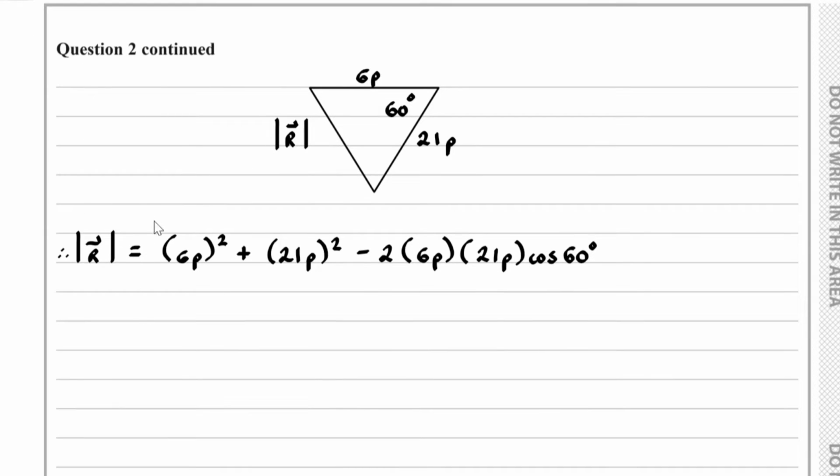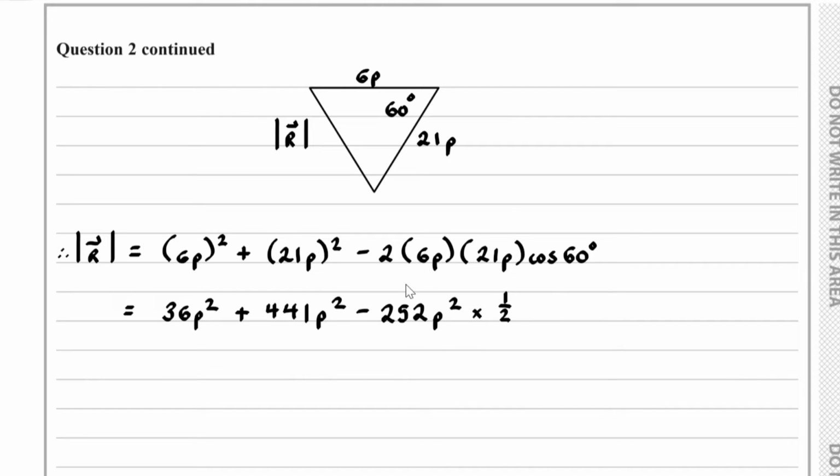So, working this out, we've got 36p squared plus 441p squared subtract 252p squared multiplied by 1/2.